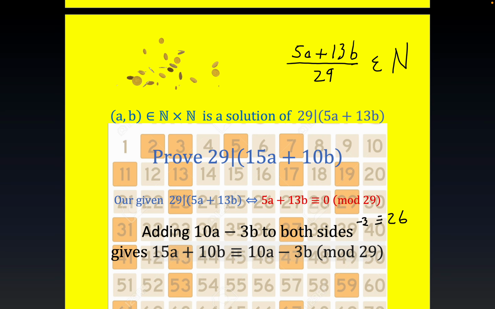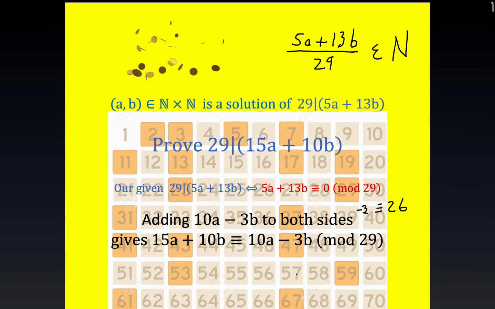So we can replace this with 10a, and it's nicer to work with a positive number in this sort of setting, in my opinion. We can replace minus 3 with what it's congruent to mod 29, which is plus 26b. Again, we are dealing modulo 29.